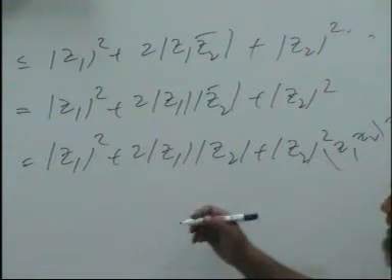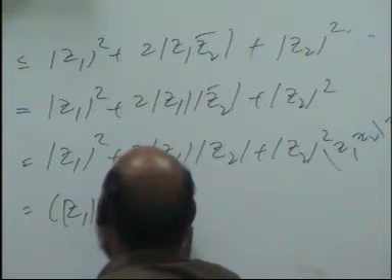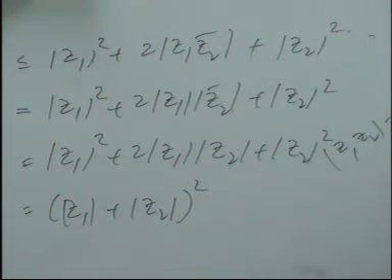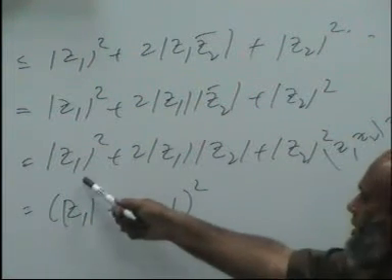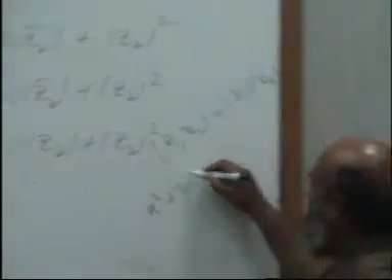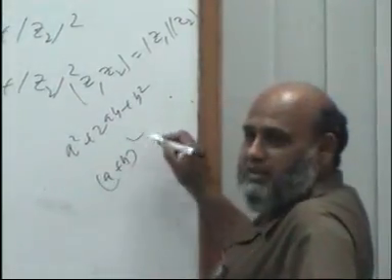Now look at this. We can write this as z1 plus z2 whole square, using the same formula, a square plus 2ab plus b square means a plus b whole square.